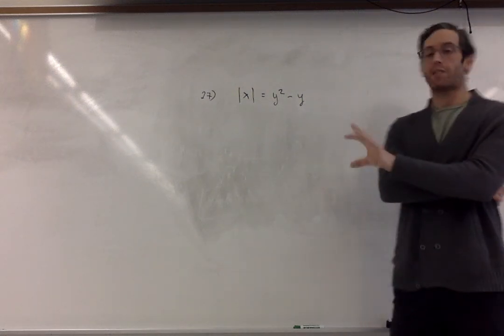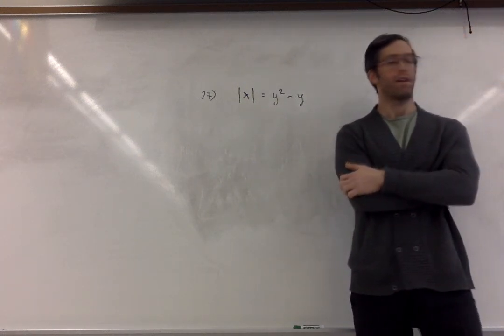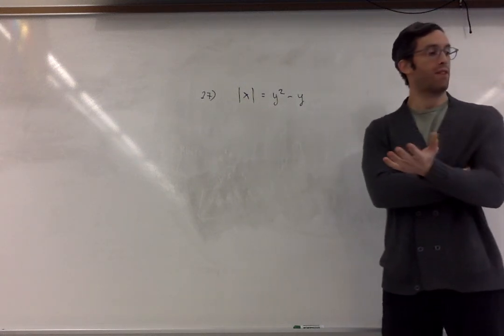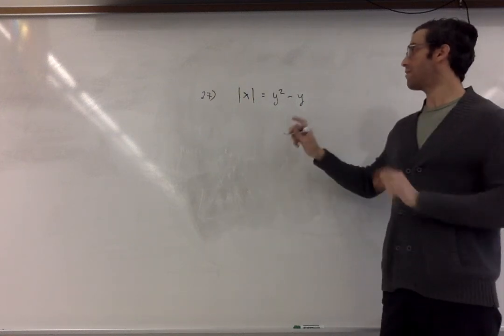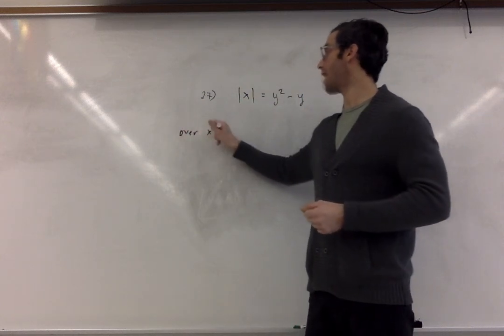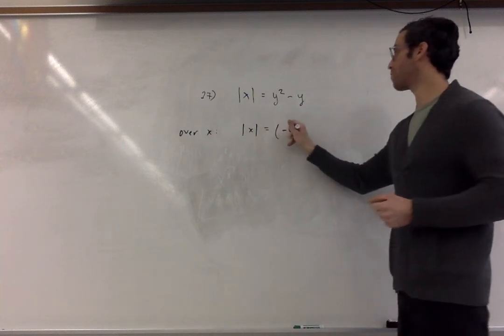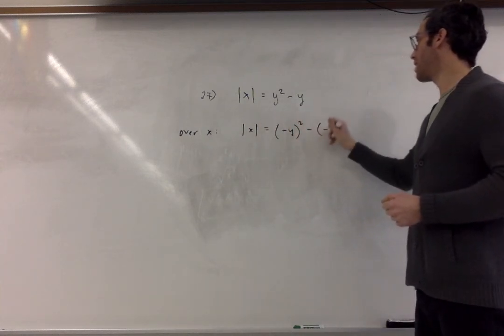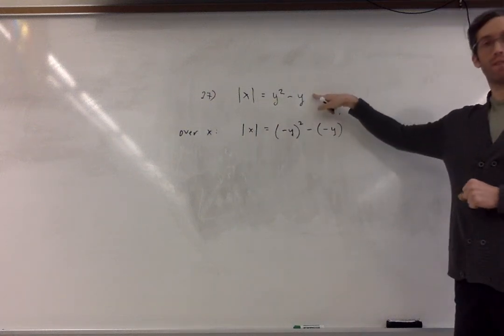So really what's expected of you guys now, if it says it has symmetry over which of the following, well, the x-axis, if it has symmetry over the x-axis, then to check for symmetry, you would plug in negative y instead of y, and you would see if this equation ends up being the exact same thing as the original, all right?